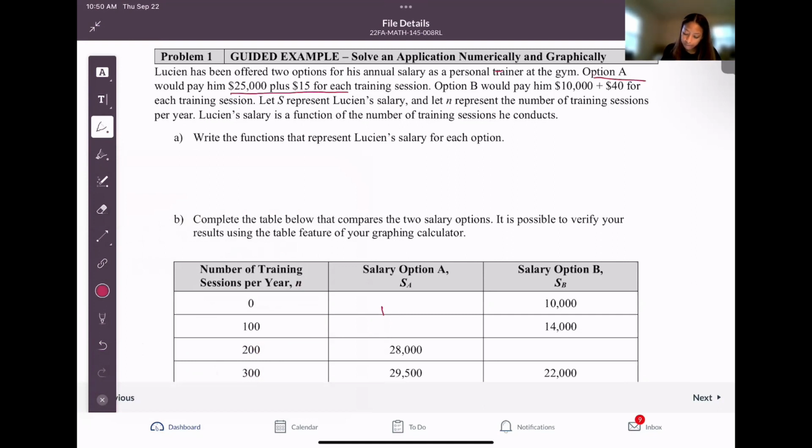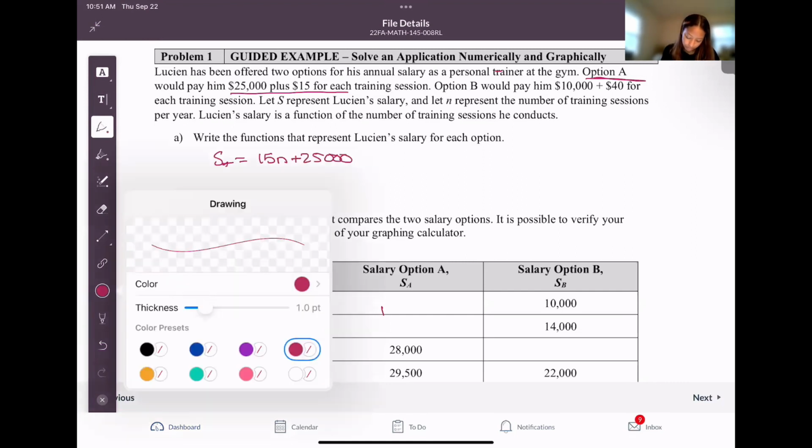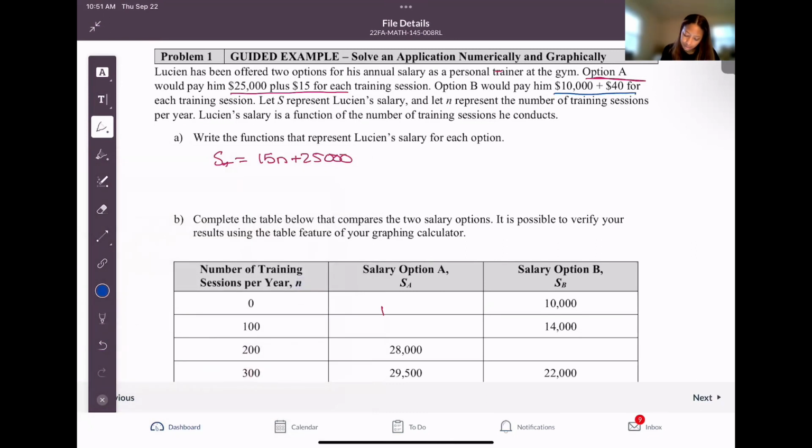For option A, S sub A is going to be equal to $15 times N, so $15 for each training session, plus that $25,000 that we get in the beginning. For S of B, option B, we have 40N plus $10,000 that we start off with.